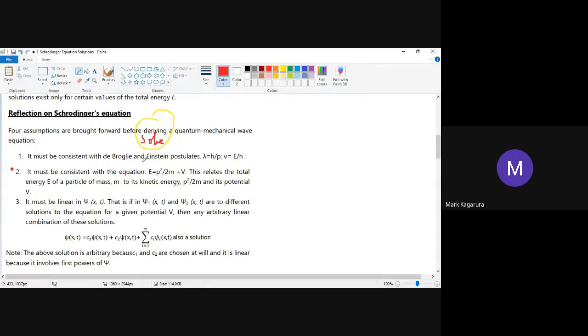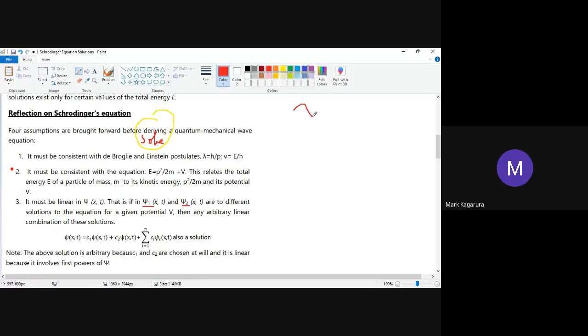The equation must be linear, such that if you have two solutions, phi 1 and phi 2, and you add the two solutions, they are also a solution. So that's what linearity means. That is what you see there. Epsilon is the sum of all functions.